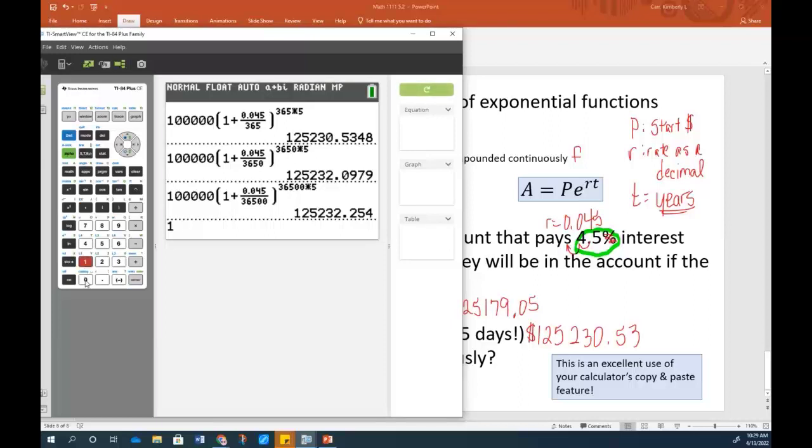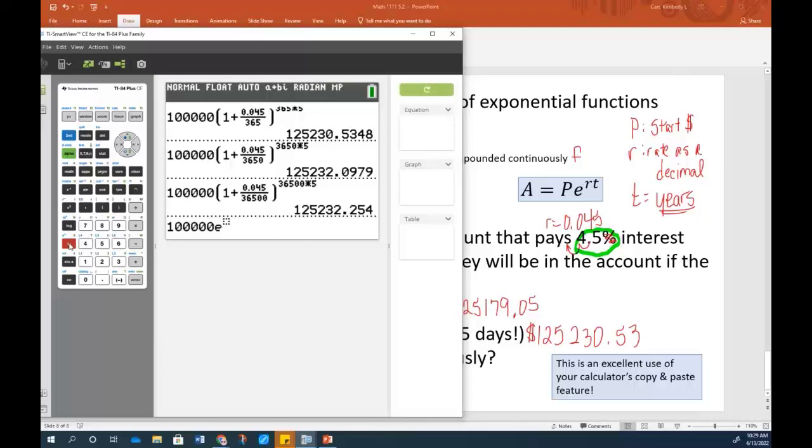So now using the easier formula, I take my 100,000 times e. That's where I hit second ln, e to the rt, so I do have my r times t. So this is the formula, which I often refer to as the PERT formula. You can, if you look at the formula, see why. PERT is continuous.